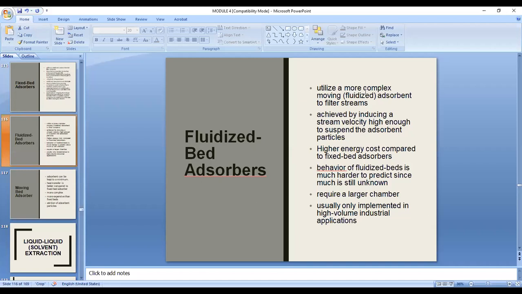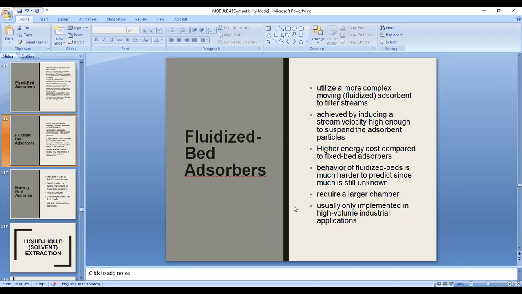So you can see in here that it is inducing a stream velocity high enough to suspend or to keep afloat the adsorbent particles. Now, one downside of this is the higher energy cost compared to fixed bed adsorbers. Now, the behavior of fluidized beds, however, is much harder to predict since not all characteristics of the adsorbents and even the feed that needs to be processed are known.